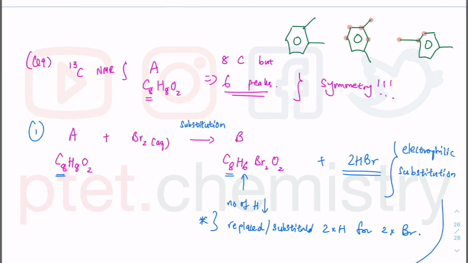So perhaps it's something like this. Not too sure really. There's a symmetry down there, so 1, 2, 3, 4. We're looking for 6 peaks. I think we can't really start from just this thing. We have to consider the O2 there as well. So those things are not going to be useful. I'm just going to rub them out.